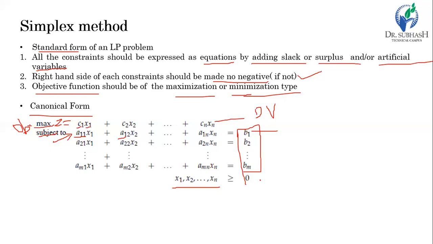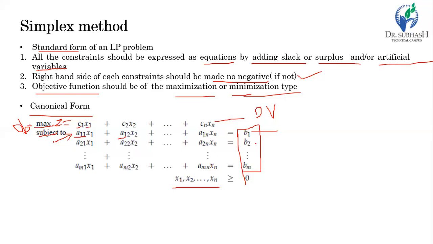Again, I repeat the standard form requirements: all constraints should be equal to type. It may be an inequality, less than or equal to, or greater than or equal to. Then convert this inequality by adding a slack variable, surplus variable and artificial variable whenever required.